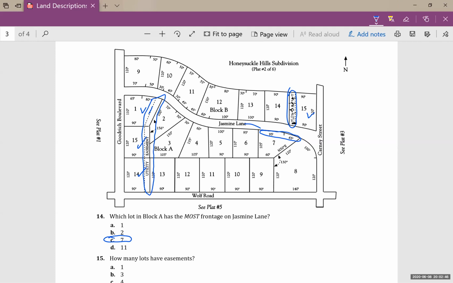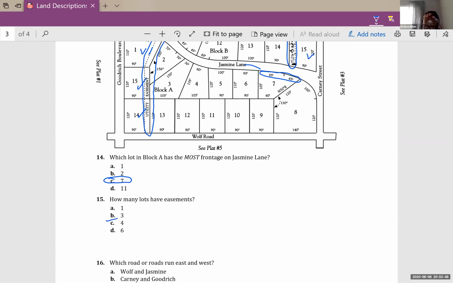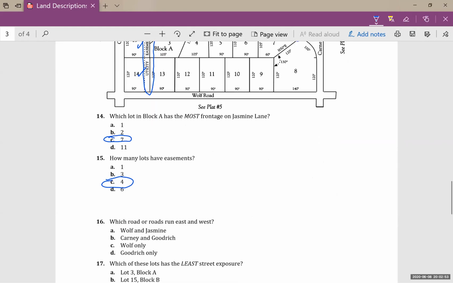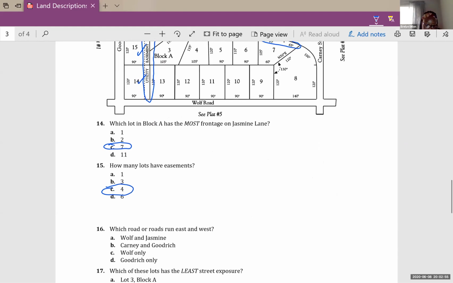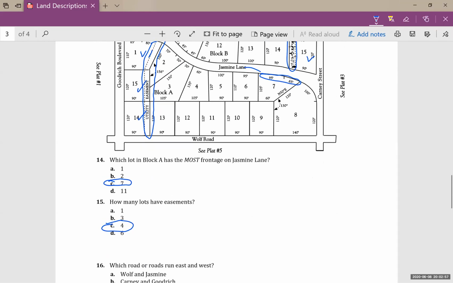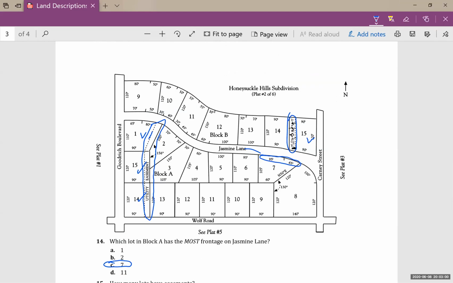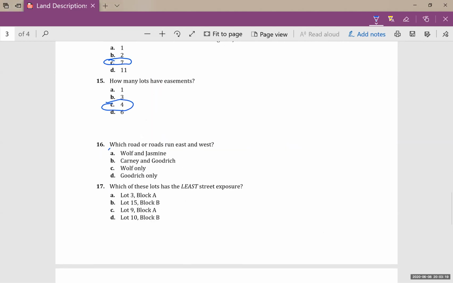So the answer for number 15 is C as in Charlie. 16, which roads run east and west? Right, Wolf runs east and west because you see north right here, north, south, east, west, right, and then Jasmine Lane. So the answer for 16 is A as in apple.